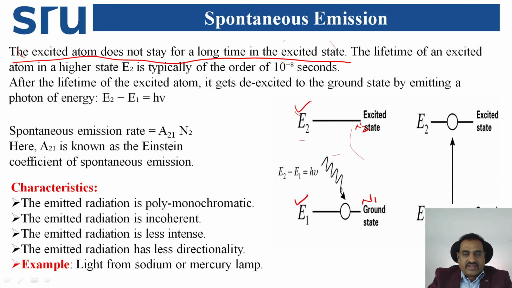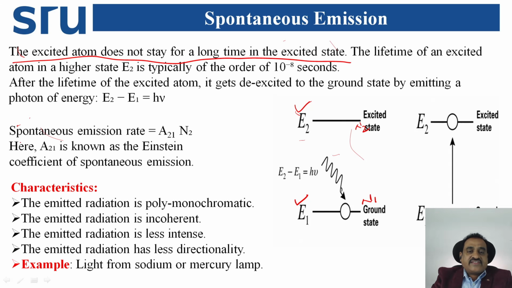That is called lifetime. After 10 to the power minus 8 seconds, the atom returns to the ground state by itself, emitting a photon. This phenomenon is called spontaneous emission of radiation.